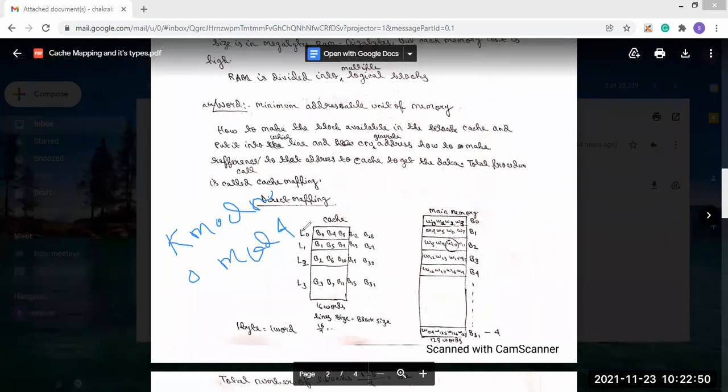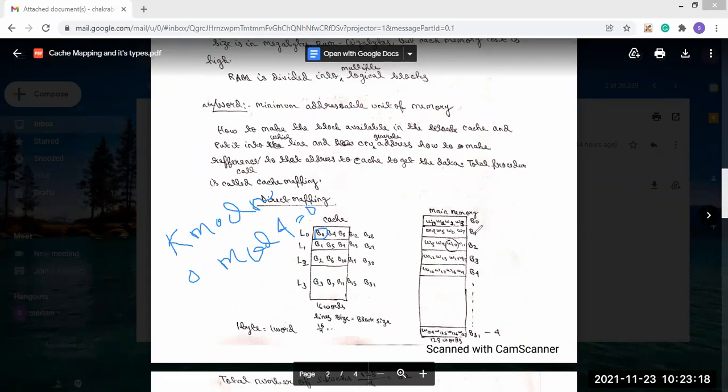So 0 mod 4: if we divide 0 by 4, there is no remainder, that means 0. So the value we get is 0. That means block number 0 can be accommodated into line number 0. Block number 0 will go to line number 0.